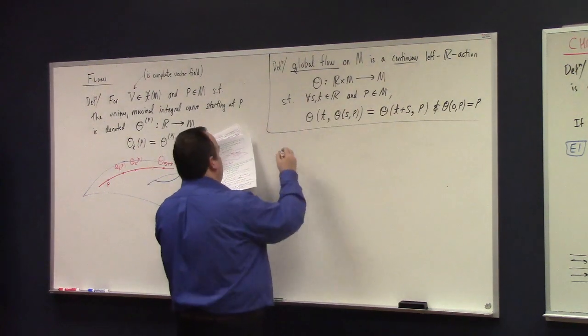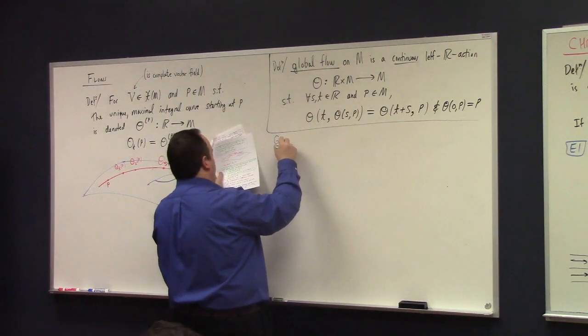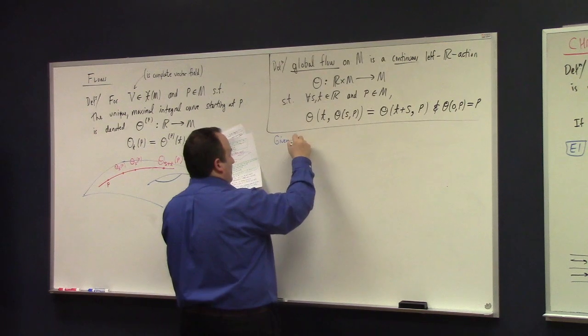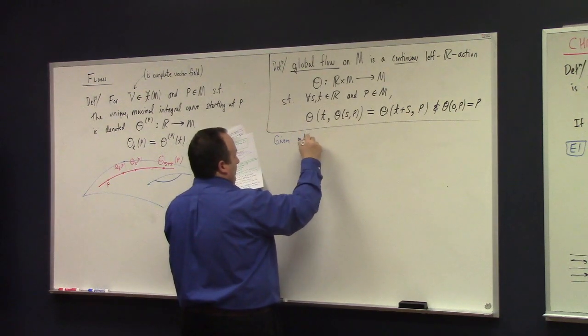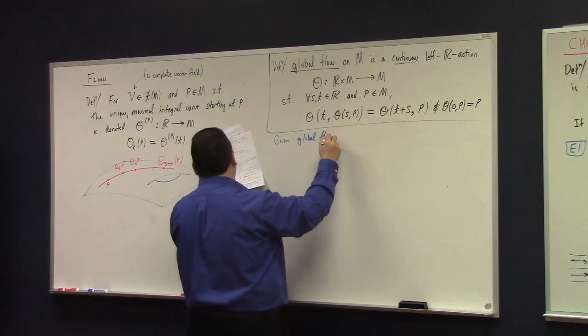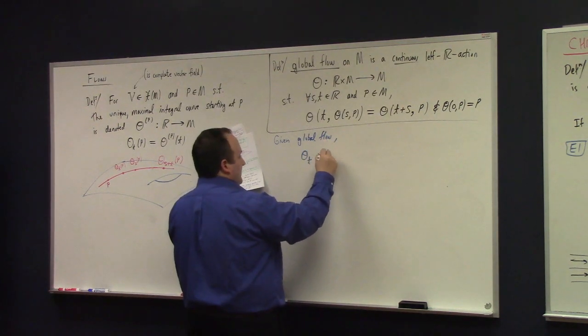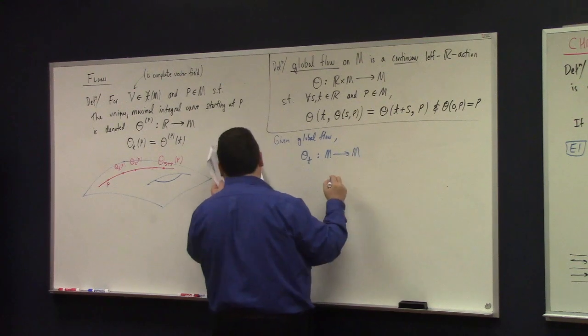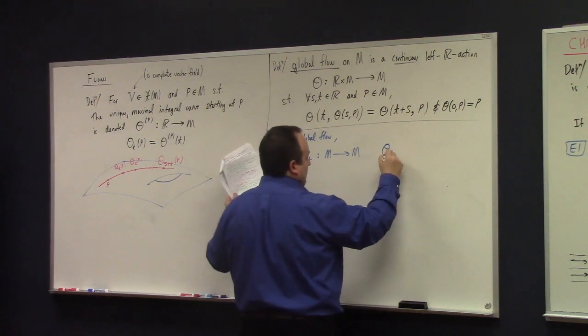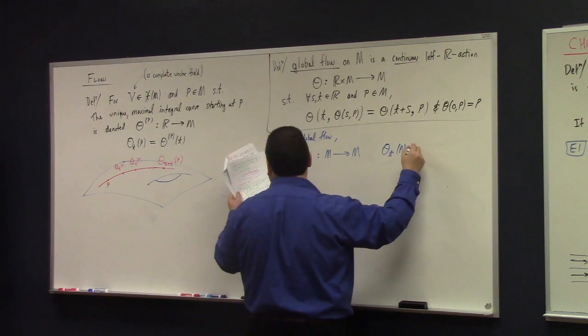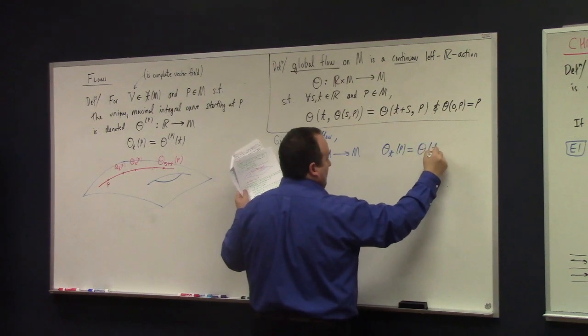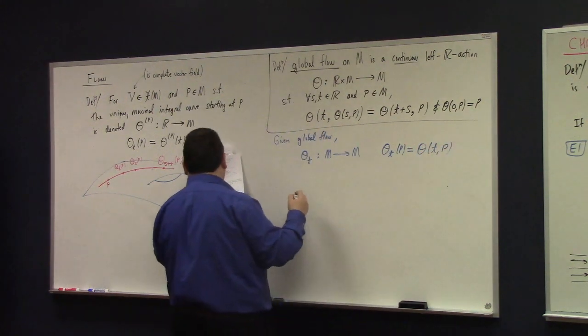So here's the thing: given this global flow as above, you can define theta sub t as a mapping from the manifold to the manifold by theta t of p equal to theta of t comma p. Great.